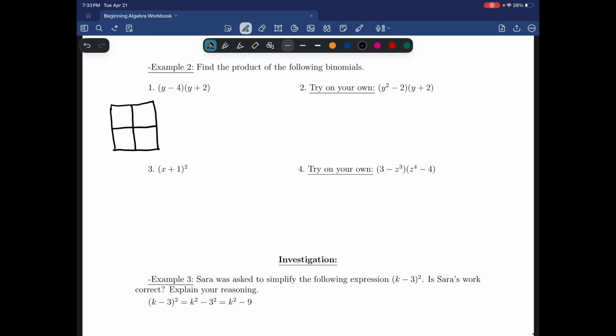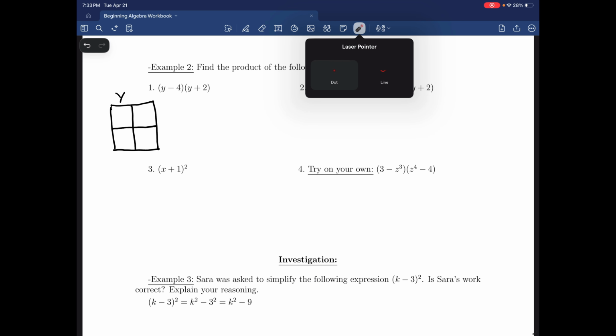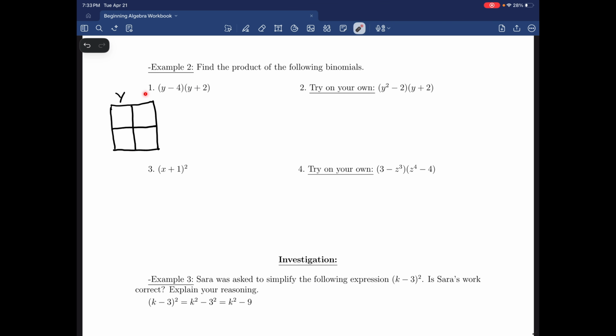Then I'm going to write this first binomial, y minus 4, on top where the y aligns with this first box. And then I'm going to align that negative 4 with this side here. And then I'm going to bring along the y plus 2 onto the side. So we're going to have y here, and then we're going to have that plus 2 here.